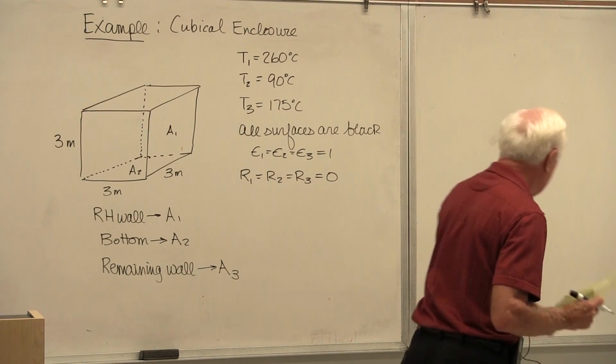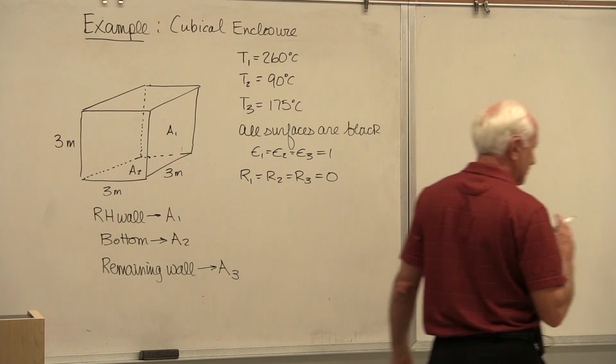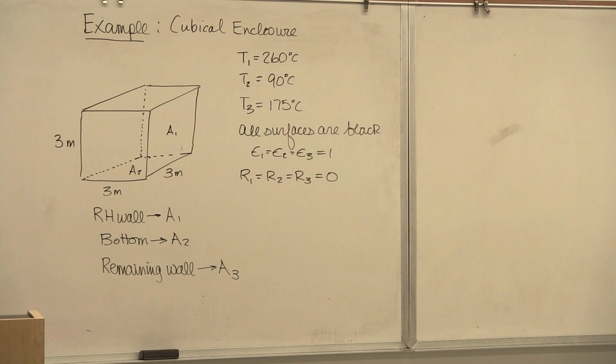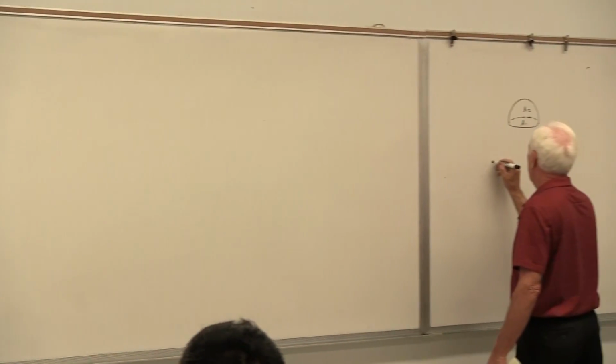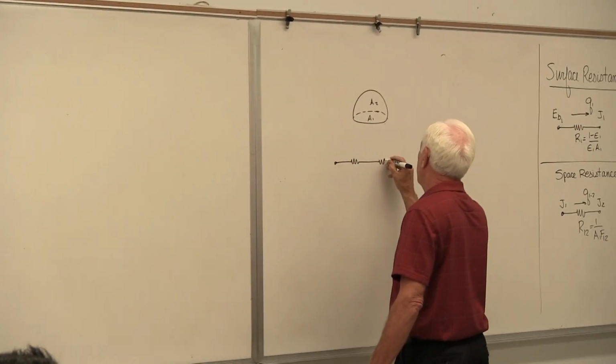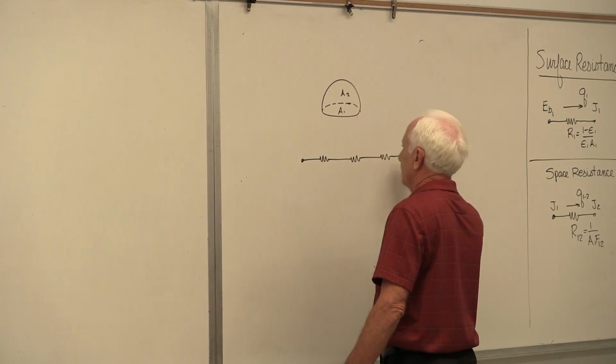So we're going to draw the circuit, but I'll just remind you first, the last time we met, we looked at this configuration, and this was A1, and this was A2, and the resistor model for that looked like this.